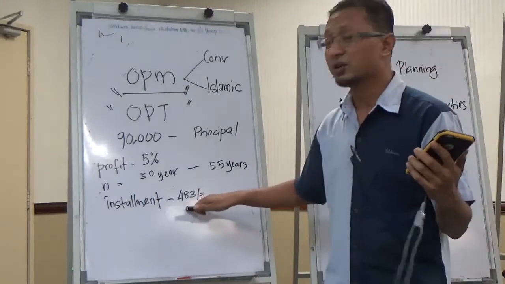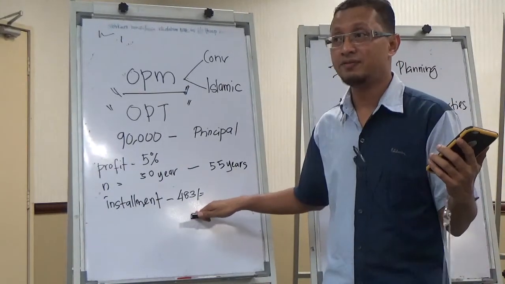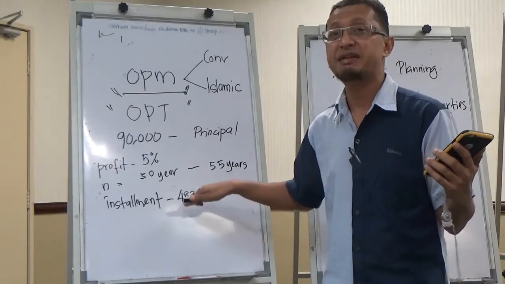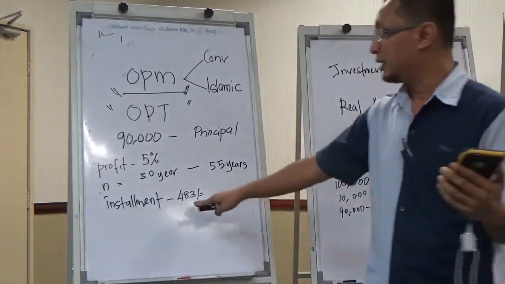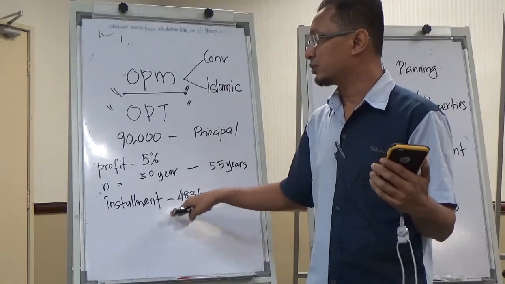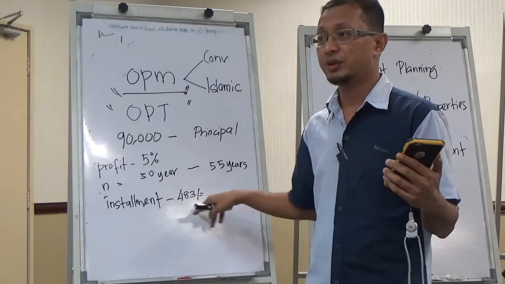Now this is the installment amount that you have to pay every month. Now let's say you have to pay this for about 2 years.